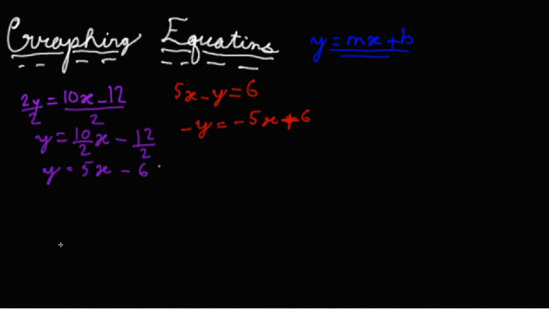So negative y turns into y, and negative 5x turns into 5x, and minus 6. Now these two are the same, right? So what we're trying to do here is graph these two.